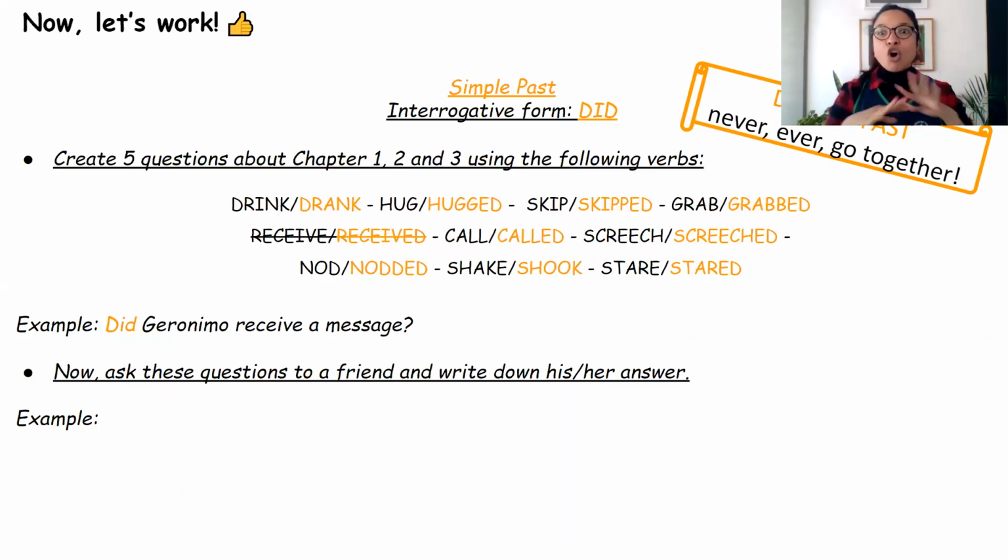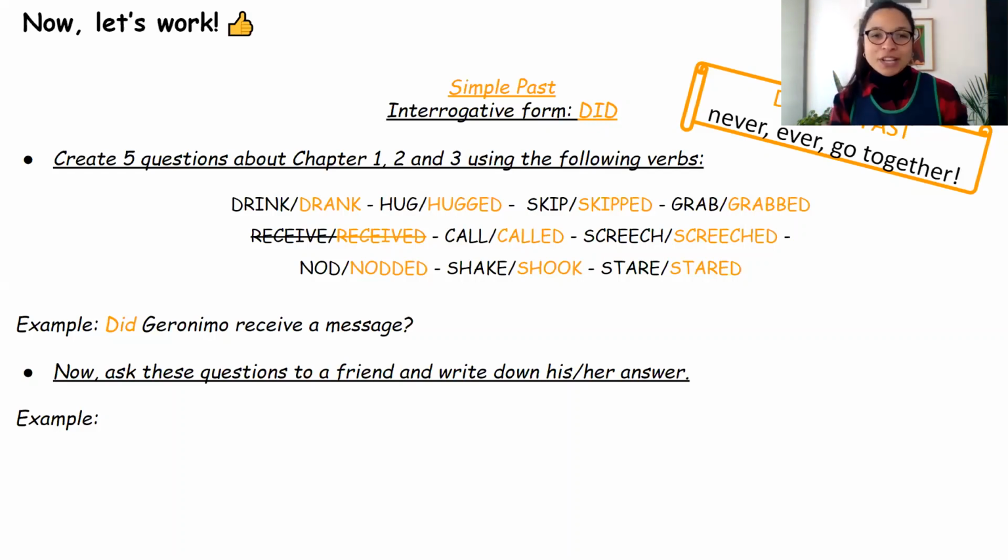Do we need to use all these verbs? No. You have all these options to choose. You only need to choose 5. It can be 2 from chapter 1, 1 from chapter 2, and 2 from chapter 3, all of chapter 1, all of chapter 3, all of chapter 2, whatever you like, but only 5 questions, okay?